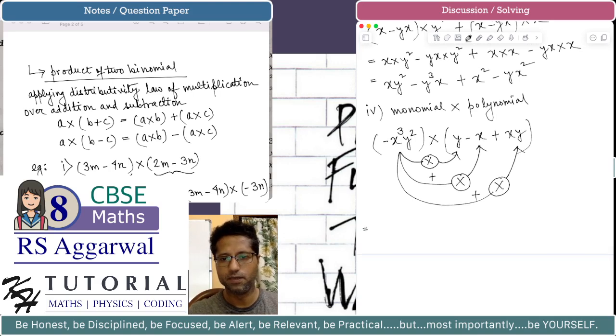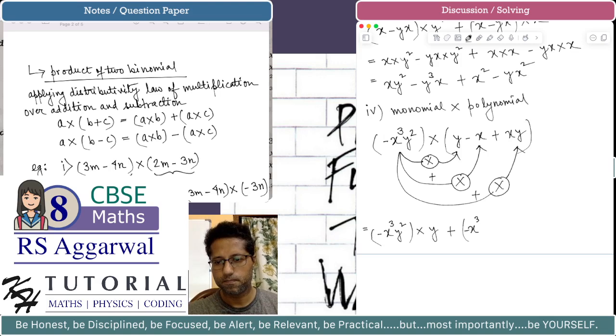So this will be equal to minus x cube y square multiplied by y, plus again minus x cube y square multiplied by the second term of the polynomial, that is minus x, plus the product of the monomial and the third term of the polynomial, that is xy.